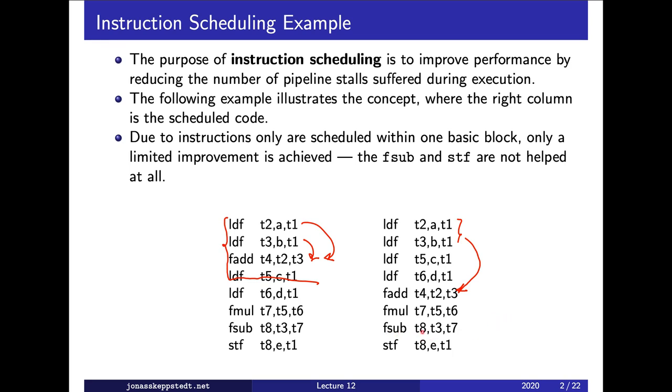It's the last arithmetic operation, and for the store there is nothing we can do either. It's not so bad for stores since they don't produce a value that is needed, so no one is waiting for it. Well, no one is waiting for the value, but the instruction still occupies a resource in the pipeline, of course.